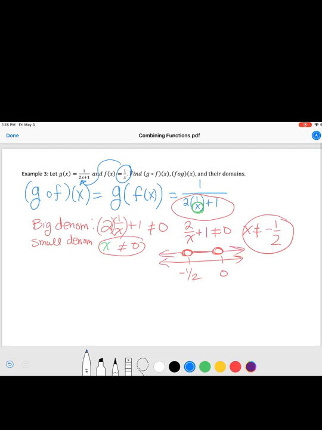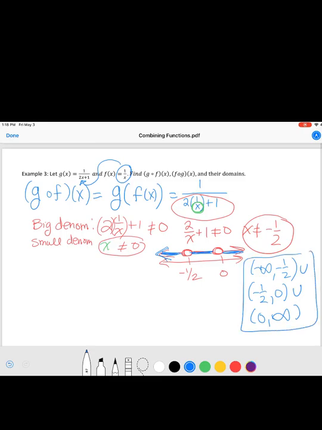So when I write this down in interval notation for my final answer, I'm going to write from minus infinity up to negative a half. That's this interval right here. Then everything between negative a half and 0. And then everything greater than 0. So this is my domain in interval notation.